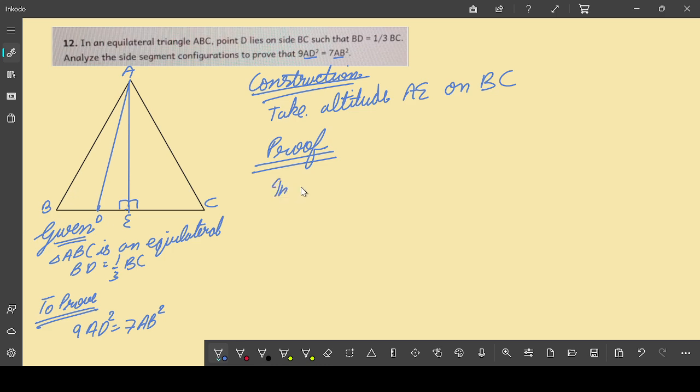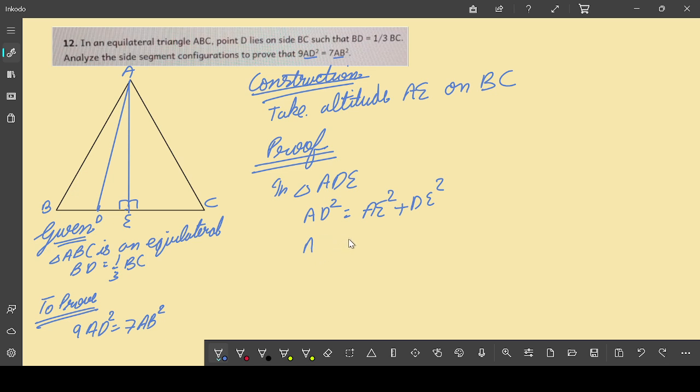So in triangle ADE, I'll take the triangle ADE because I want AD in my final answer. AB I can introduce. So in triangle ADE, apply the Pythagoras theorem. I can write AD square is equal to AE square plus DE square, right?